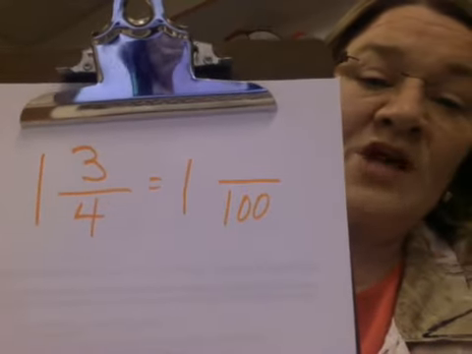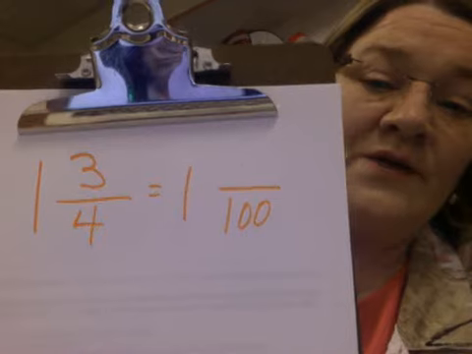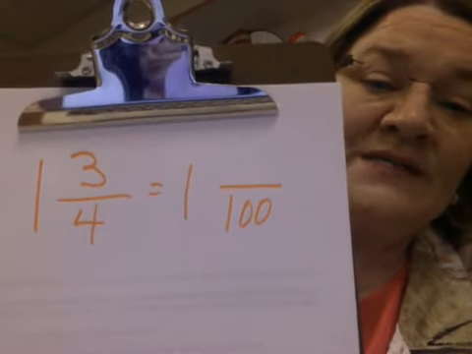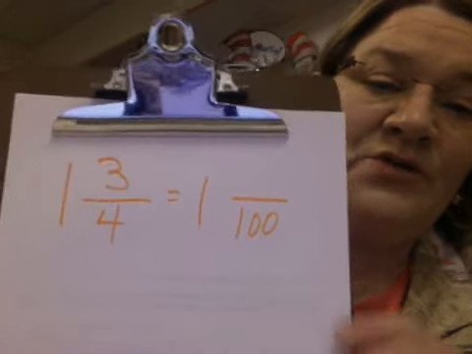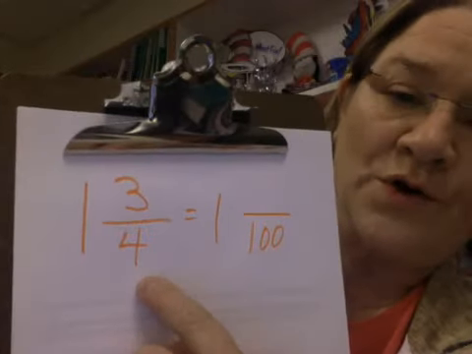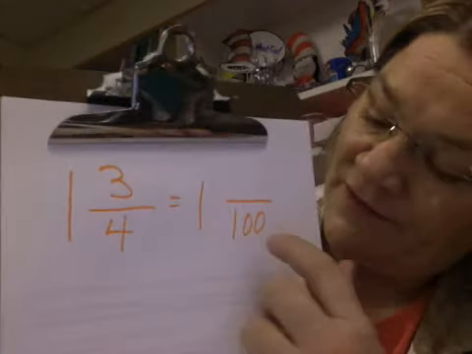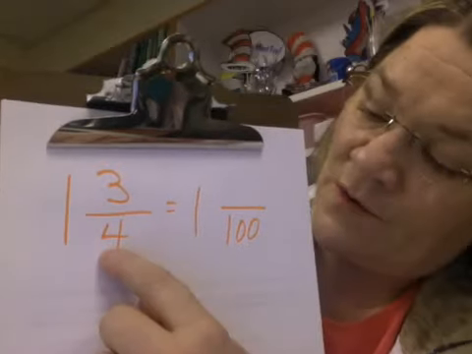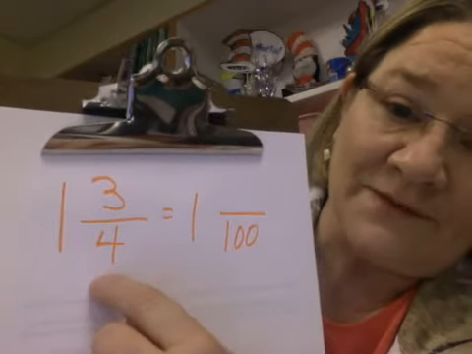All right, so what times 4 equals 100? We've practiced this one in class. Think of a dollar. This here is 3/4 of a dollar. If you have 4 quarters, you have a dollar. Okay, so we would multiply it by 25 because a quarter's worth 25 cents. So 4 times 25 equals 100.